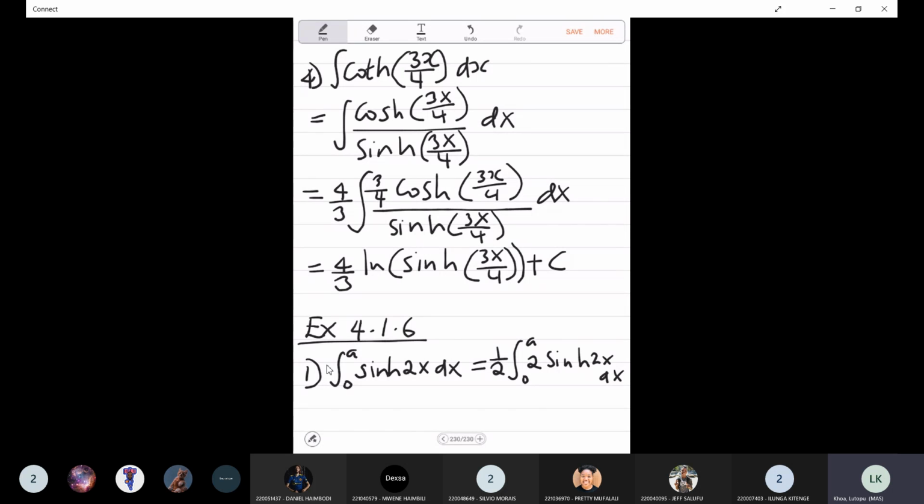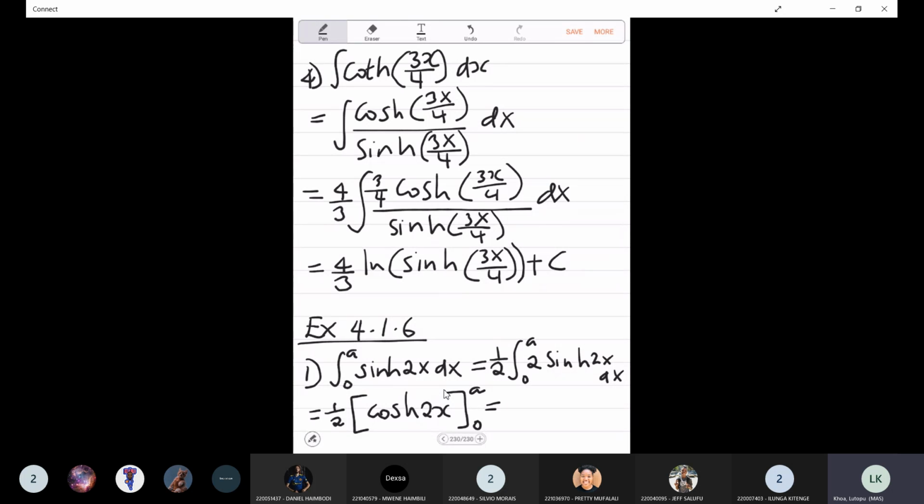Okay, so now we can integrate. This is a half. My integral of 2 sine hyperbolic of 2x is just cos hyperbolic of 2x, and you evaluate at 0 and a. So you substitute 0 there and a there.